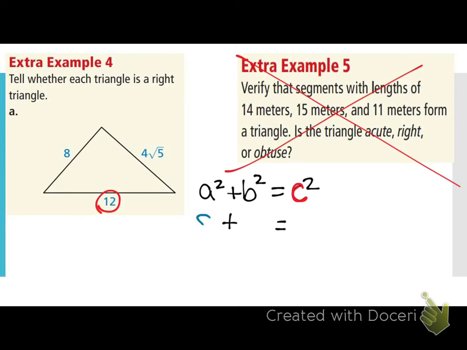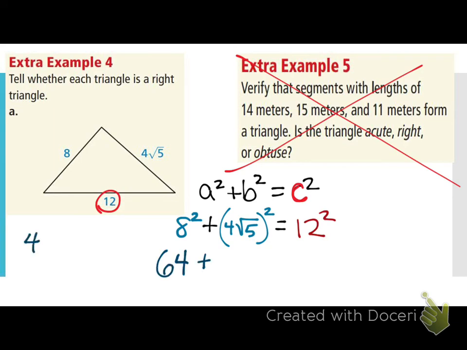We're going to plug in 8 squared. And then for this one, you will need parentheses. 4 square root of 5 squared. 8 squared is 64. I always put a dot between them so we know we're multiplying them. And then I'm going to distribute the square, if you will.